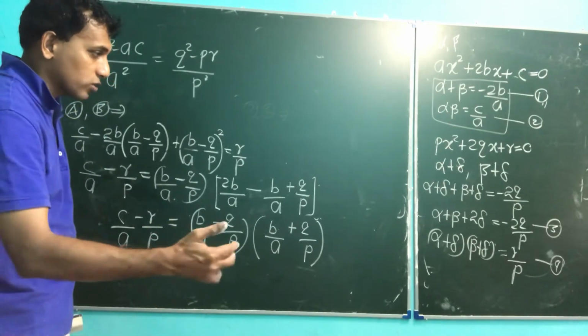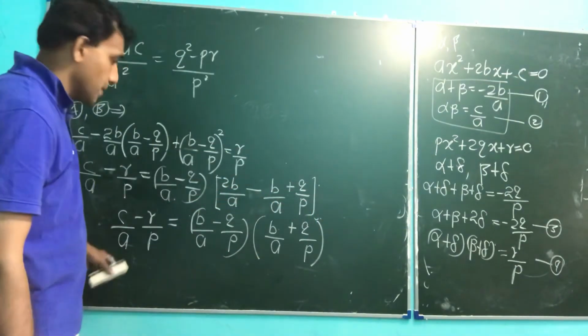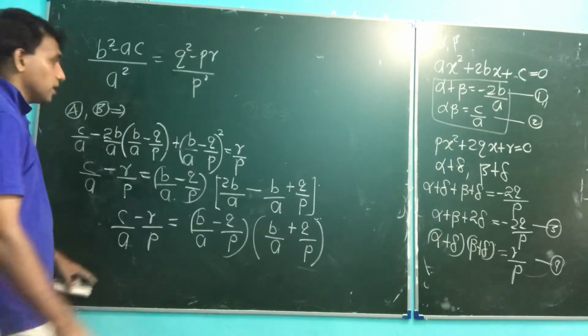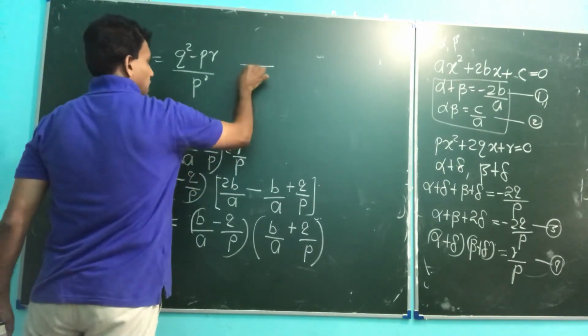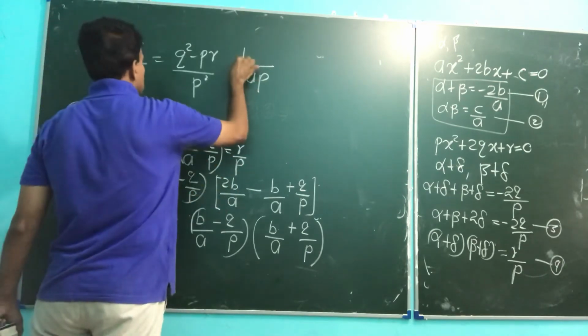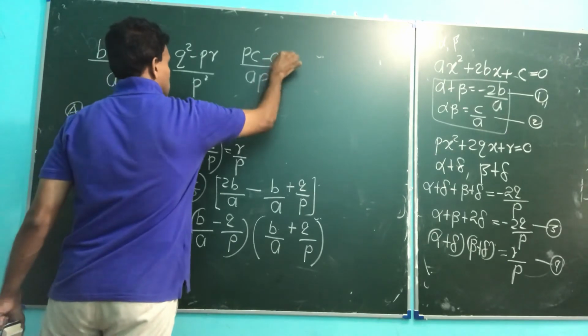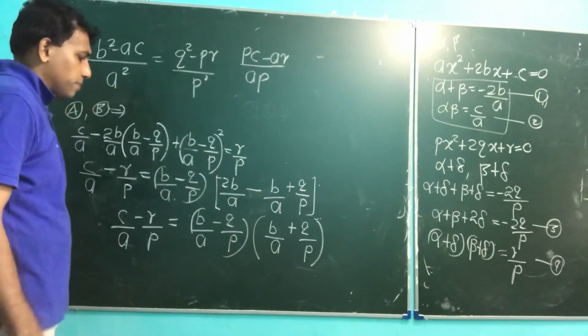This is an online session, not a classroom session, so you can ask, and I can ask everybody here. So see here, the LCM is AP. So what is that? PC minus AR. Simplify with the LCM.